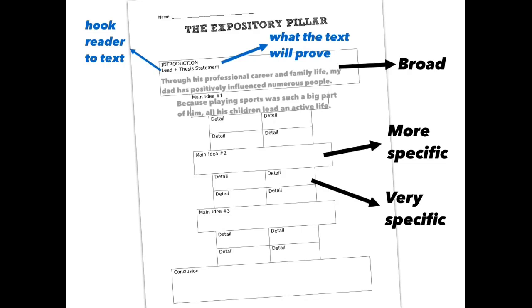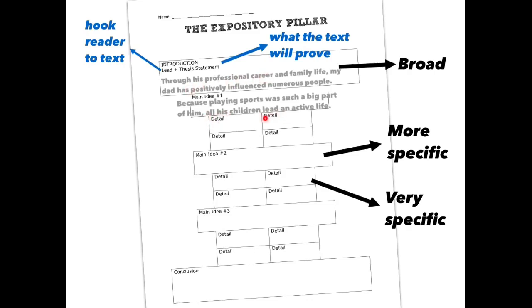Main idea number 1. Because playing sports was such a big part of him, all his children lead an active life. Now, to make sure that my text makes sense, I have to ask myself, does this main idea support my thesis statement? Does this main idea support the fact that my dad has positively influenced numerous people? I think it does.